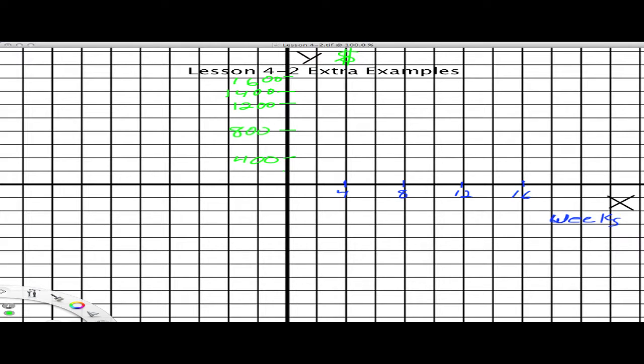So we'll continue with our green color here. And what we're going to do with that is that 1,400, we're going to treat it as a constant. So he's got $1,400 there.